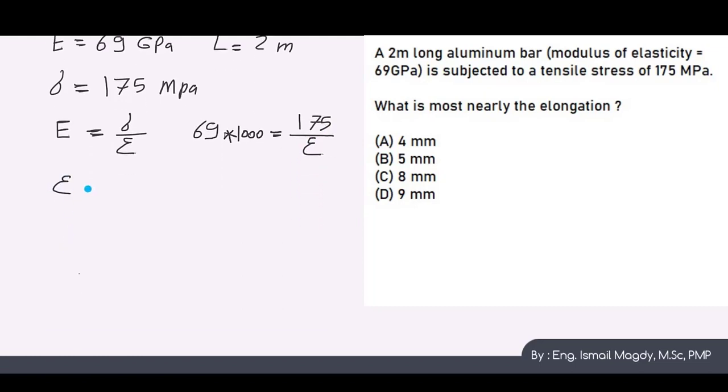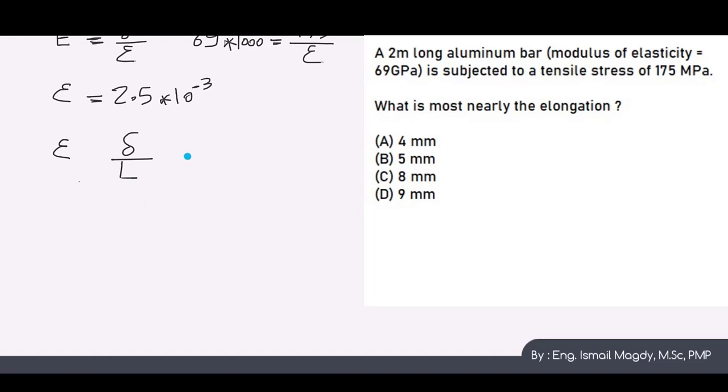So we can calculate that the strain will equal 2.5 multiplied by 10 power minus 3. So now we have the strain and we have the length of the bar, and we know that the strain equals the elongation, delta over L, which means that delta equals the strain multiplied by the length.